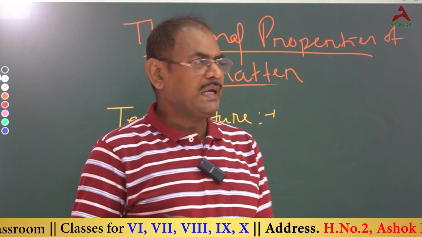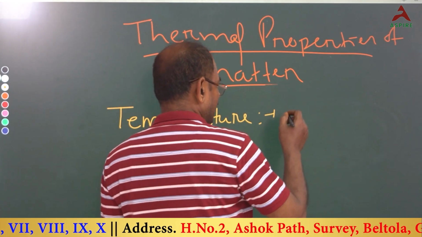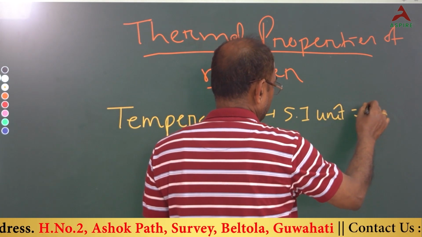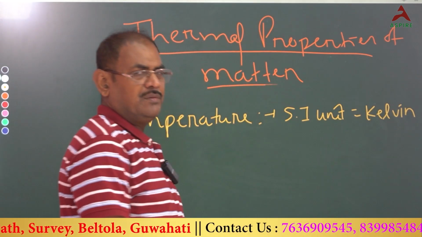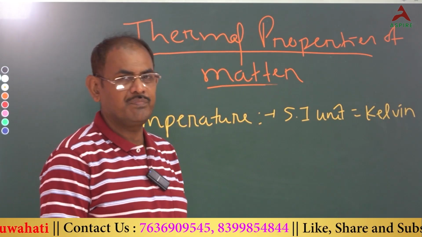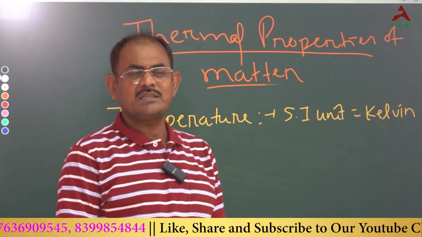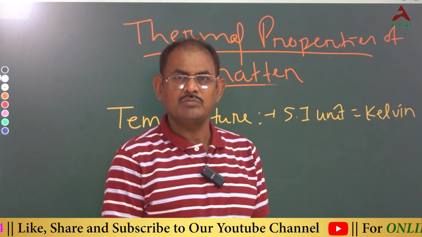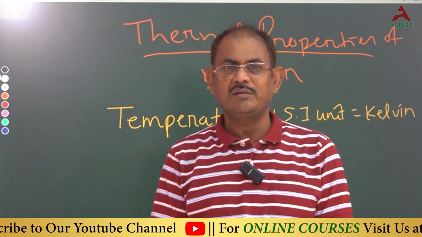Now the SI unit of temperature is Kelvin. What is the SI unit? Kelvin. Clear? And other units are degree Celsius, Fahrenheit, etc. But here we will discuss only the degree Celsius, Fahrenheit and Kelvin scales.